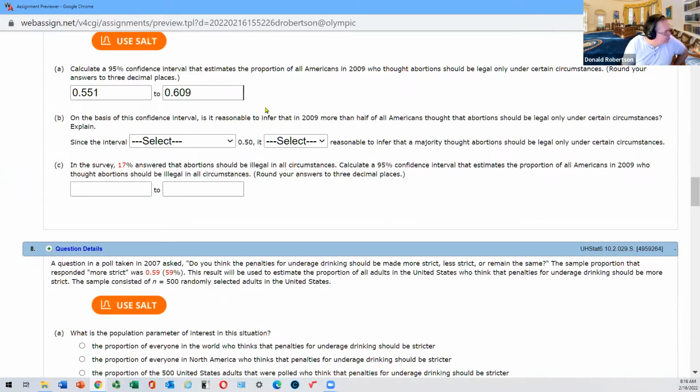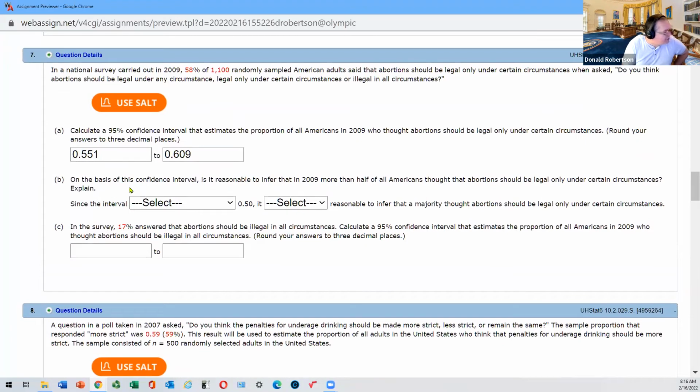Now let's see what question B is. On the basis of this confidence interval, is it reasonable to assume that more than half of Americans thought that abortion would be legal? So if you look at this, more than half, would you agree this interval contains nothing but numbers that are bigger than 0.5, which is what half is?